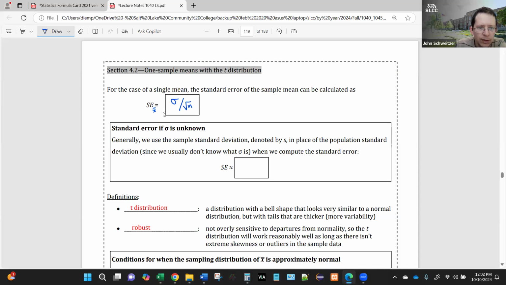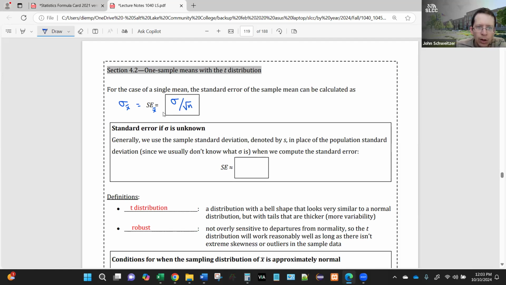You can think of this as the standard deviation for the sampling distribution of x bar. Now, there's a bit of a problem. We don't know what sigma is because, if you're doing inference about the mean, then you probably don't know the mean, right? And if you don't know the mean, how do you get sigma?